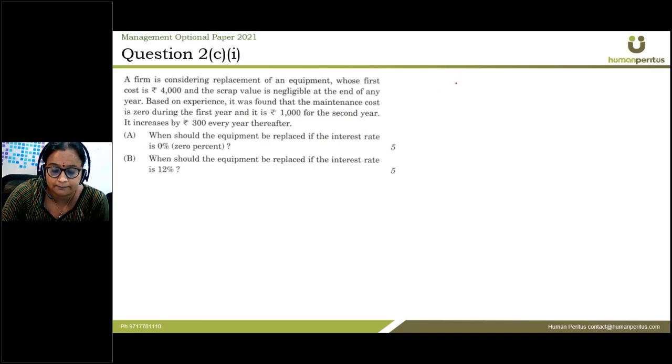Let me first write the data which is being given to us. So first cost is given to us here, rupees 4,000.